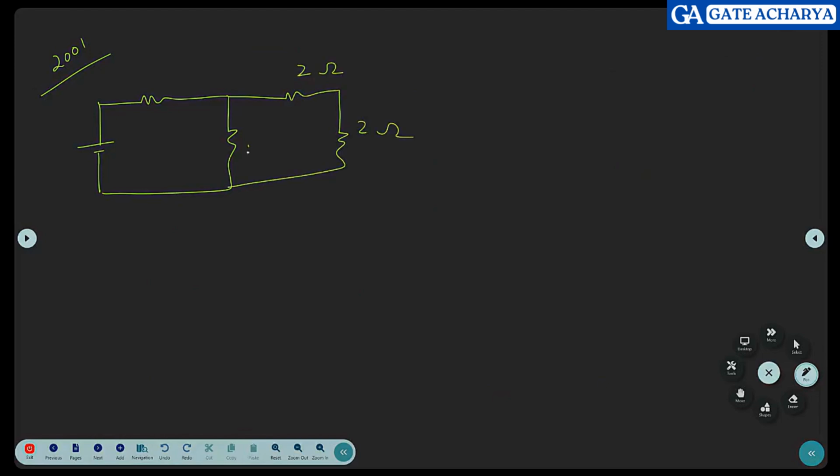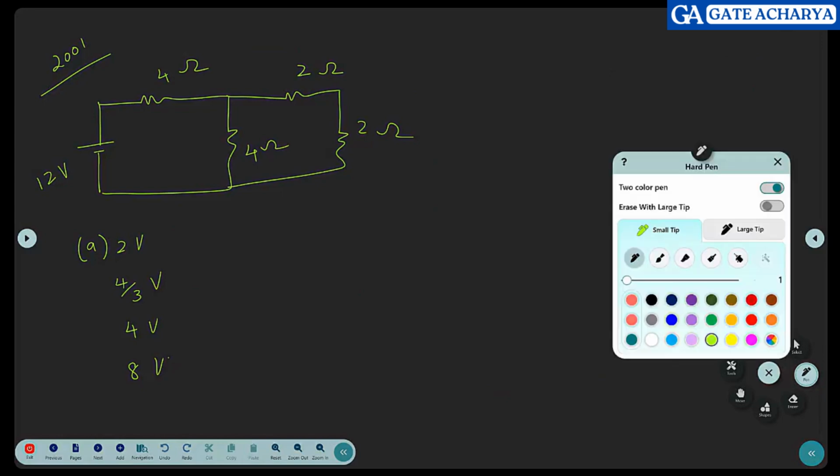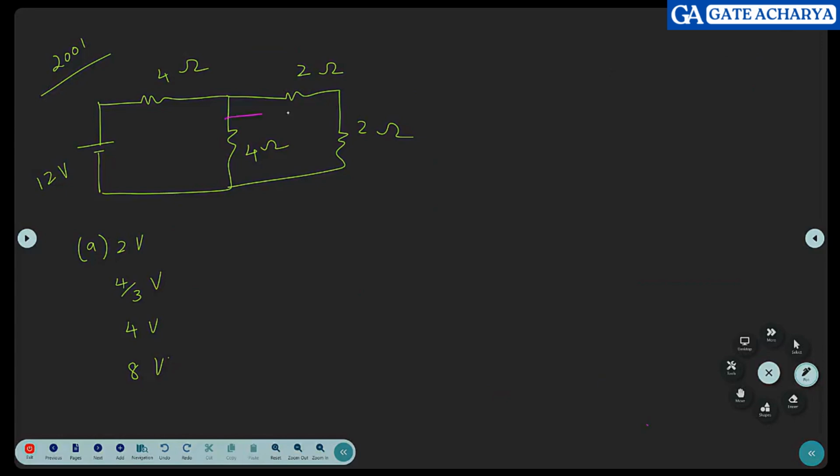See, this is again 2001, an old question. What is the voltage here?